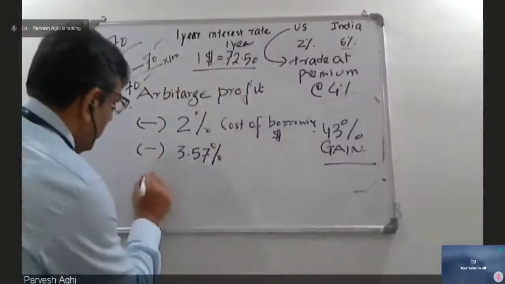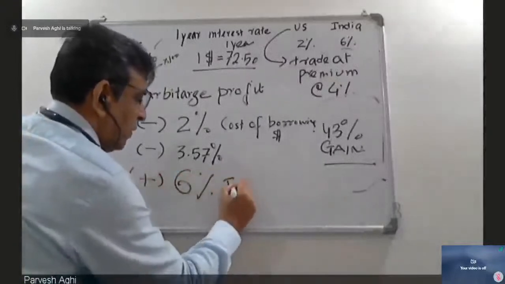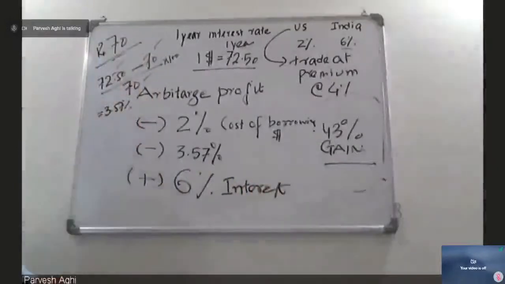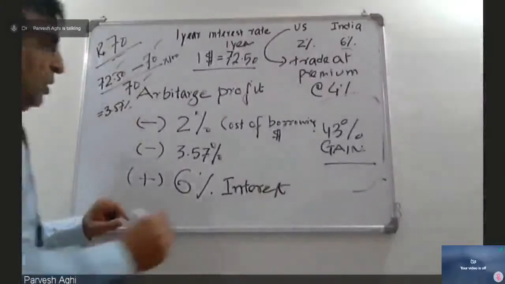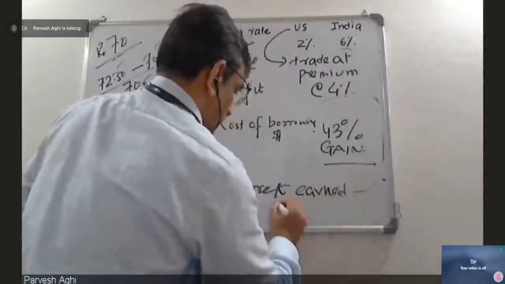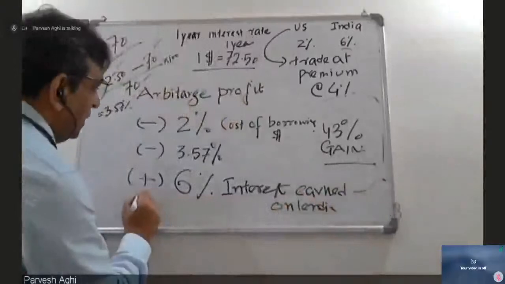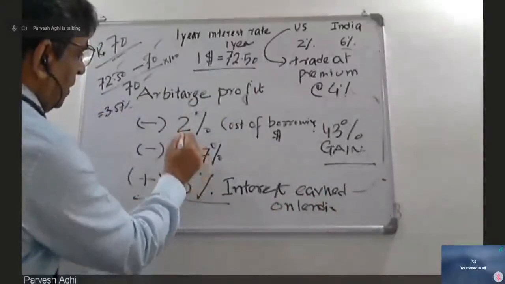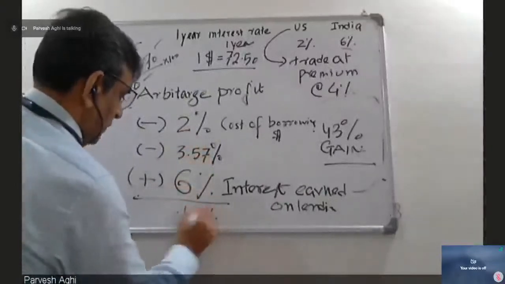But he will be making a gain of 6% interest on the money which he has invested in India. So this is the interest earned on lending or investing the money in India. If we just total it up, 3.57 minus 6 gives you 0.43% gain.